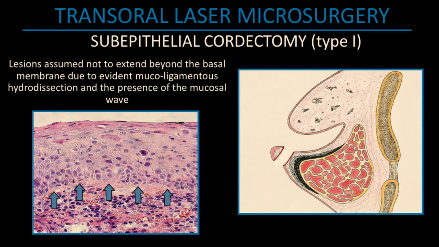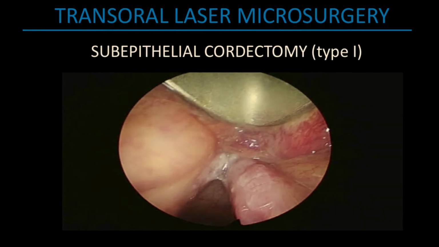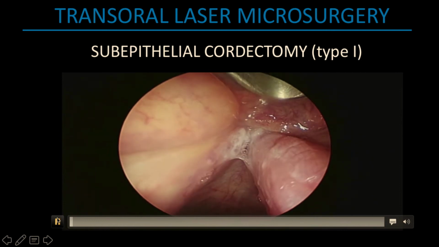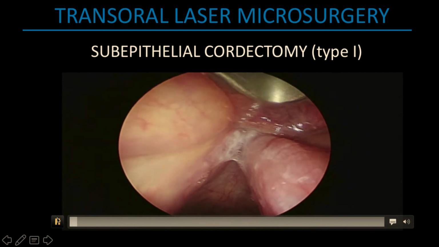So, in summary, for lesions limited to the epithelium, intraepithelial lesions confined by the basement membrane, when you have a normal mucosal wave, hydrodissection, NBI negative, you can perform a subepithelial chordectomy, sparing the vocal ligament and the muscle. This is the case of leukoplakia, erythroplakia.